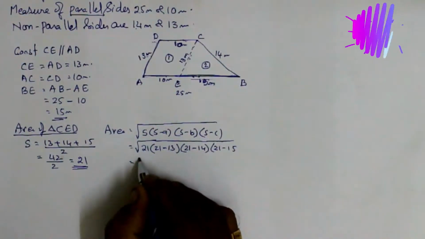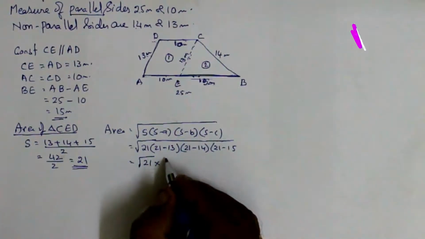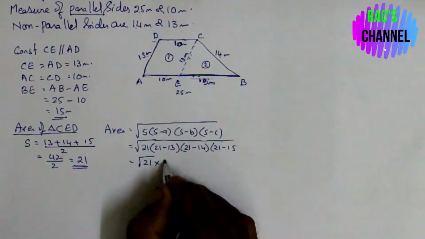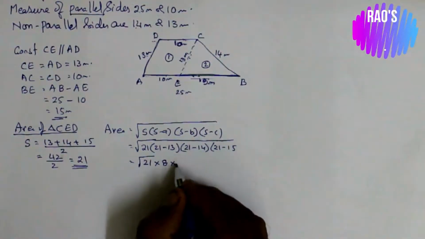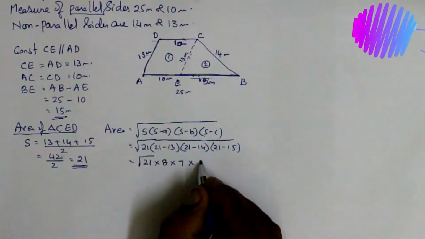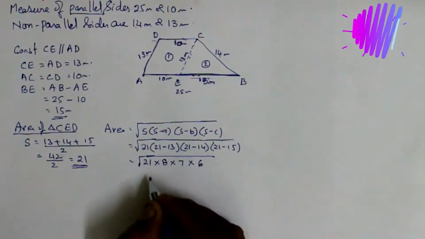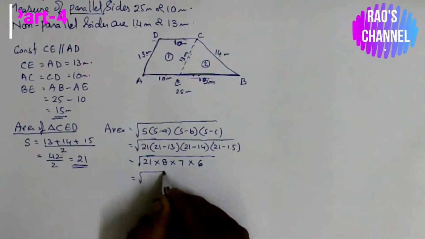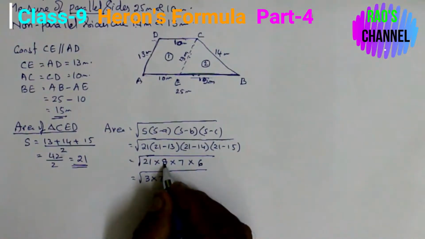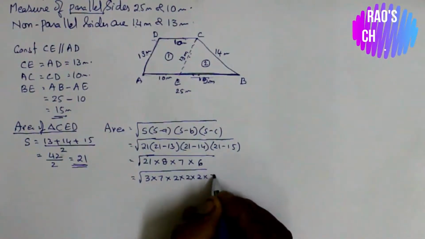So we remain with 21 into 21 minus 13, 8, into 21 minus 14, 7, 21 minus 15, 6. Okay. Let me write all the numbers in terms of factors. For 21, we write 3 into 7. For 8, it is 2 cube. For 7, 7.